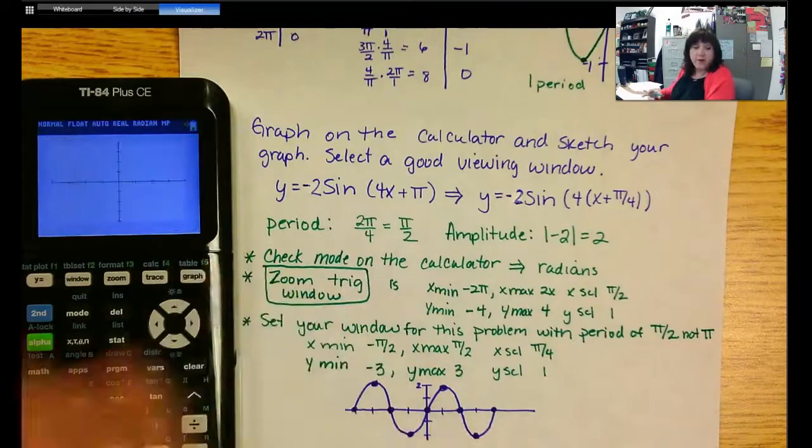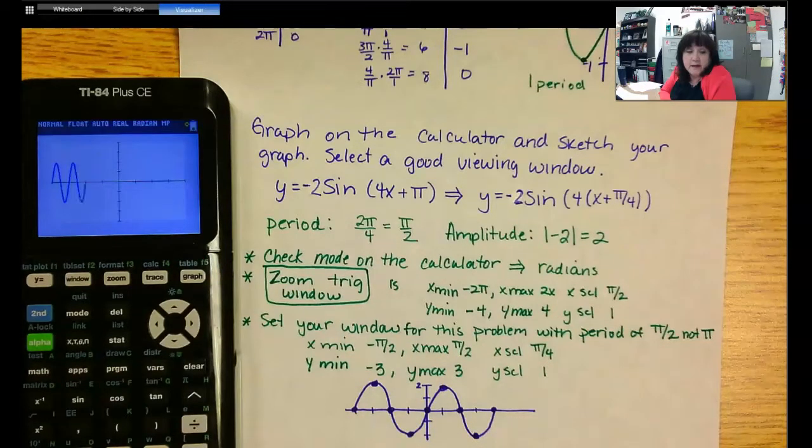So when I graph it, you can see I'm still getting all those waves, but that's just me controlling my graph a little bit so I know where it's starting and stopping. If you wanted your window to show a period of pi over 2, you'd want it to end at pi over 2 so you can see that graph happening.